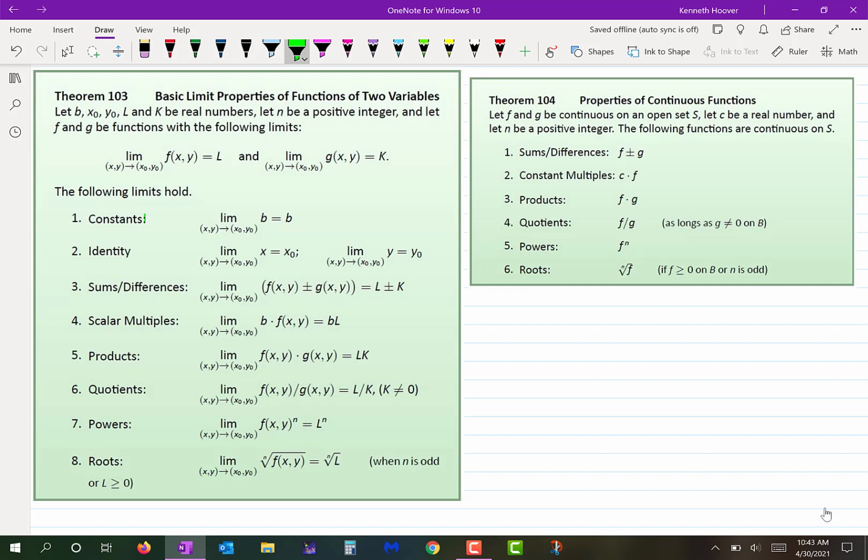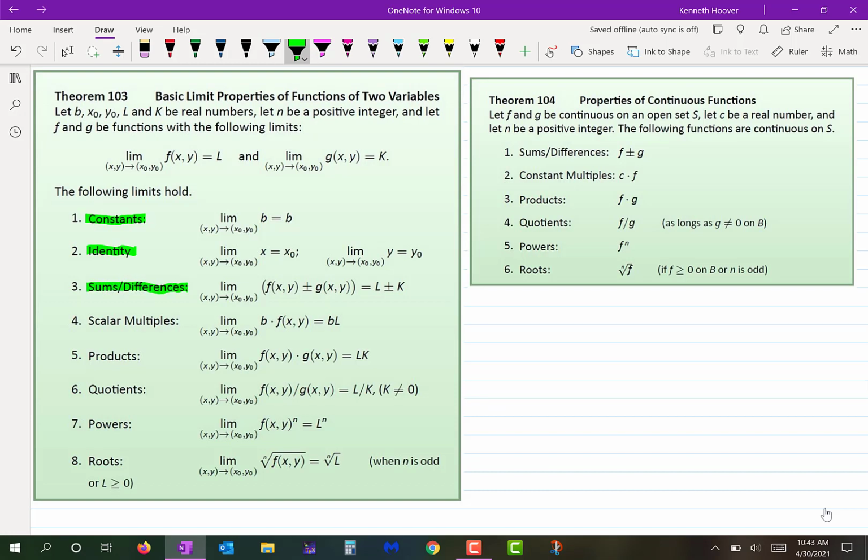You just got the limit of a constant function is the constant. Okay, the identity rule, you might not remember that, but go ahead and read it and see what it says. It's just like it was for single variables basically. All right, sum and difference rules. I'm not talking about derivatives here, okay?